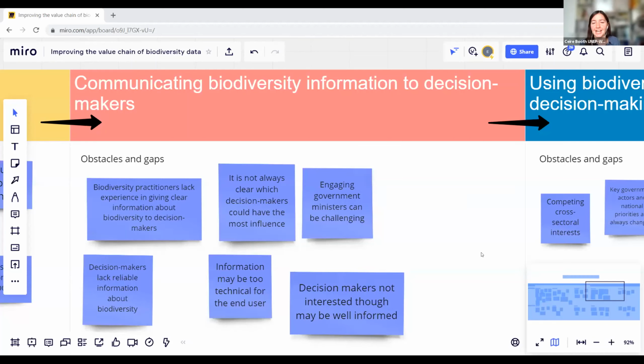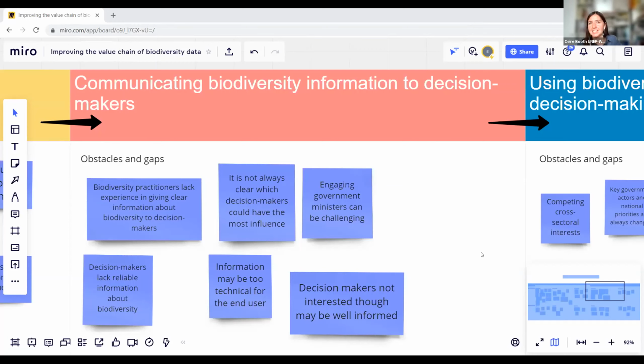Yeah, I think you're so right. And again, I'd love to draw here on the Connect experience, because of the point here saying that it's not always clear which decision makers could have the most influence. In the interest of highlighting some of the tools available for addressing these challenges, a key component of the Connect project was to conduct a political economy analysis in each of the countries where the project was taking place.